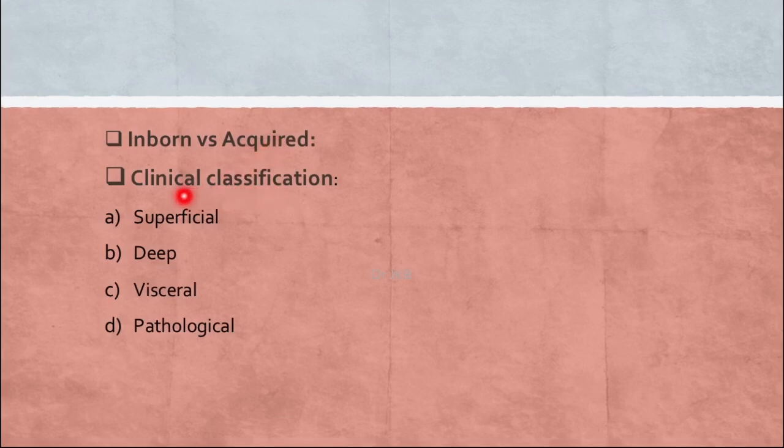Then there is the clinical classification, whether it is superficial, deep, visceral or pathological. The superficial one depends on the sensory receptor. For any reflex to take place there should be a stimulus, and if that stimulus is sensed at the superficial level, meaning the skin, like a painful stimulus sensed in the skin, that is the superficial reflex.